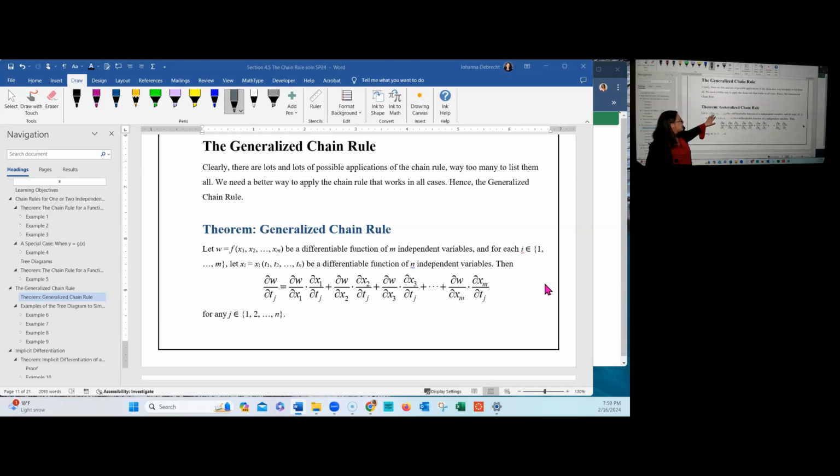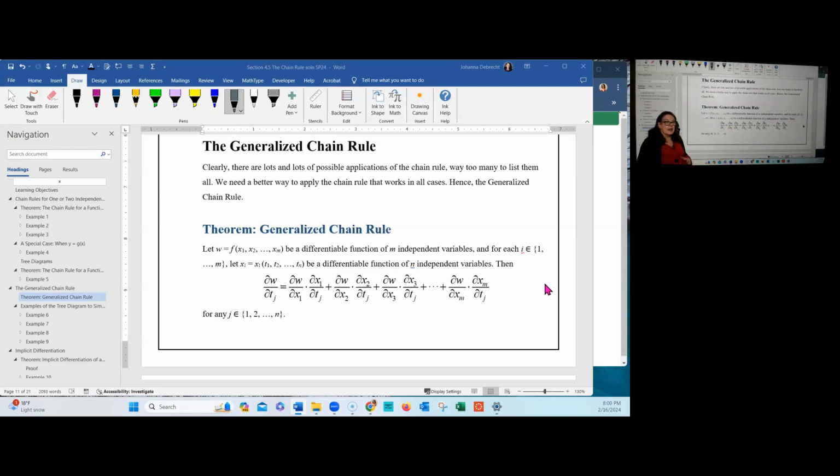So the independent variables of the outside function w become x sub 1, x sub 2, up to x sub m. When we think about each of those independent variables being a function of other variables, those variables are given in terms of t sub 1, t sub 2, t sub 3, all the way up to t sub n.